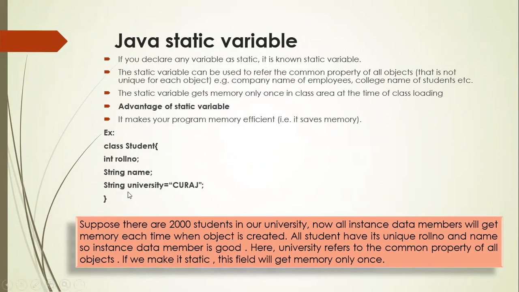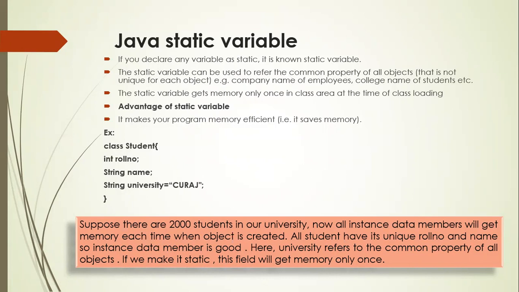I have not declared any static variable here. The static variable can be used to refer to the common property of all the objects. For example, the company name of employees. In the class Employee, employee ID and employee name will be different for all employees, but the company name is a common property for all the objects.